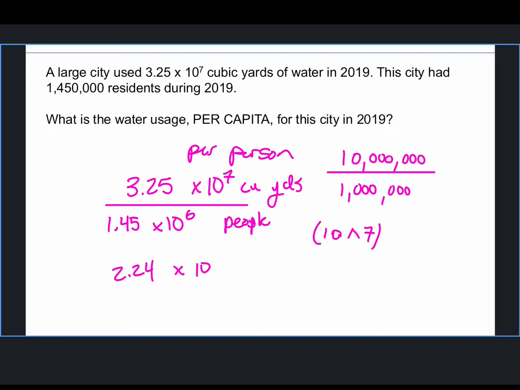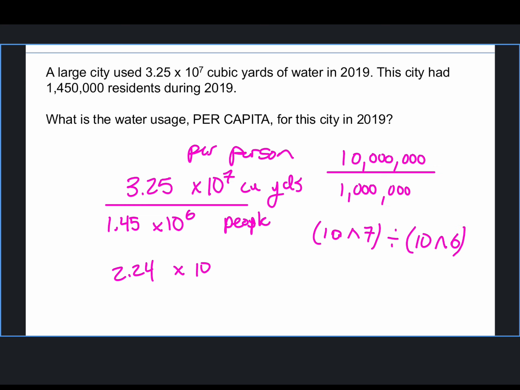You might want to put that in parentheses. Divided by 10, the up arrow 6. And what does that give us? Divided by 10 to the 6th. Okay, so you can enter it into your calculator just like this. You have to show me how to work this, please.